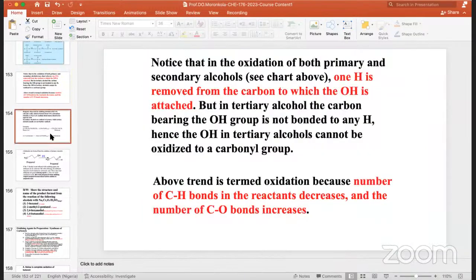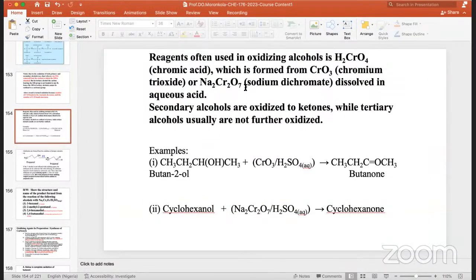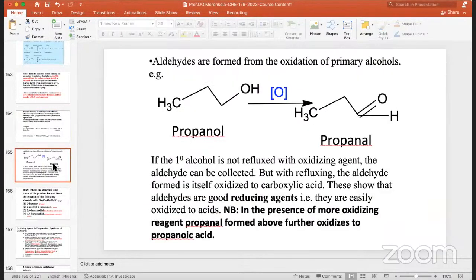Yesterday too, I was able to tell you that we make use of chromium compounds in the process of oxidation, though a major disadvantage of these chromium compounds is that they are carcinogenic, they are dangerous to human health.